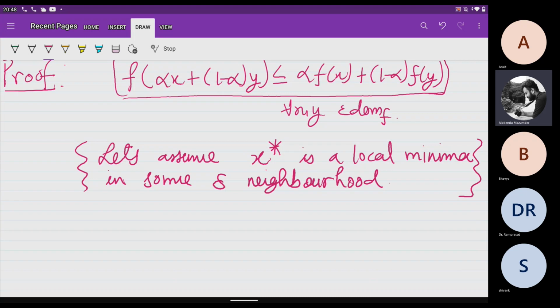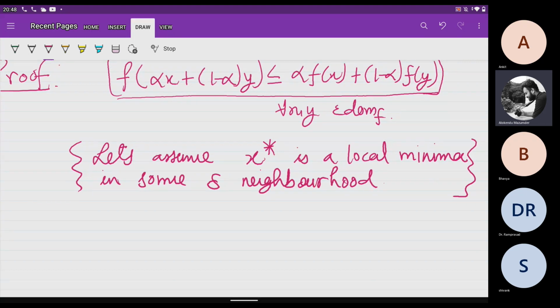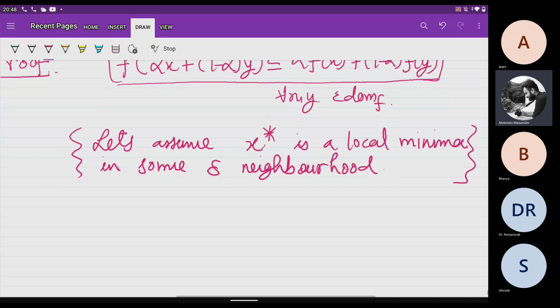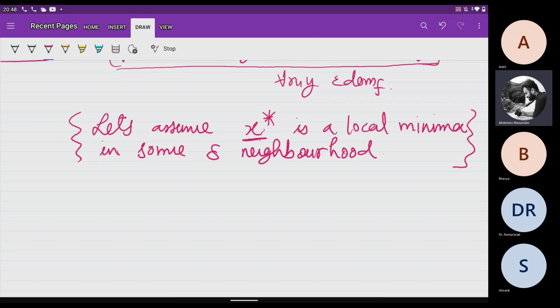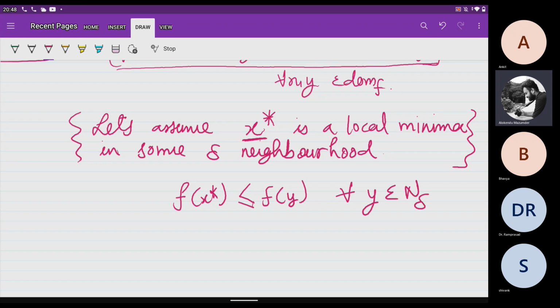Yes. If x star is a local minima, it is basically that in a particular neighborhood, the function value at this particular point is lesser than at all the other points in the neighborhood. It means f(x star) is going to be less than or equal to f(y) for all y belonging to the delta neighborhood of x star, right?